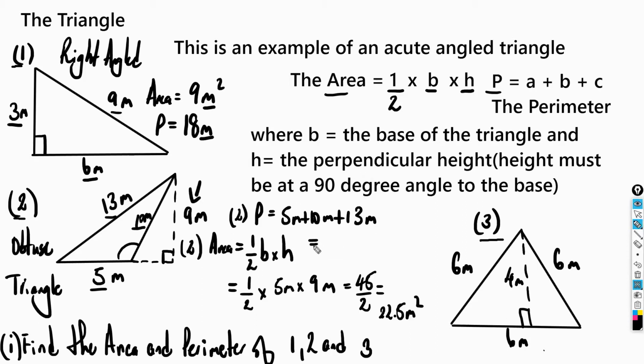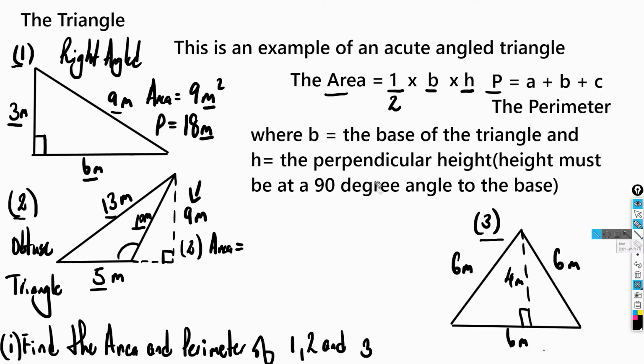So P would be equal to 13 plus 10, which gives us 23, and 23 plus 5 gives us 28 meters. All right, cool. So that was pretty easy, right? And let's just clear this. So the area is equal to 22.5 meters squared, and the perimeter is equal to 28 meters.